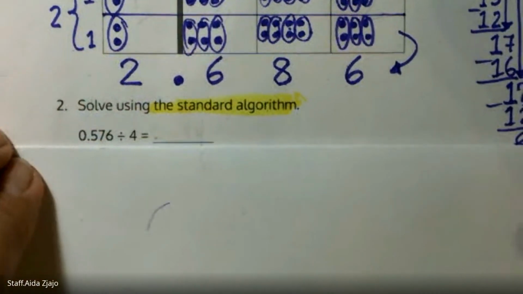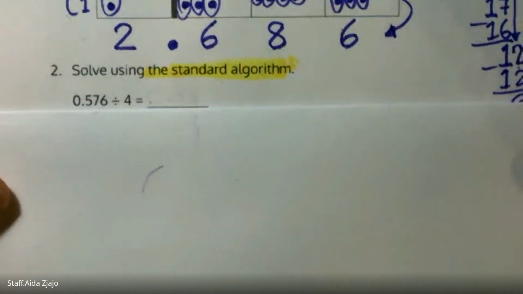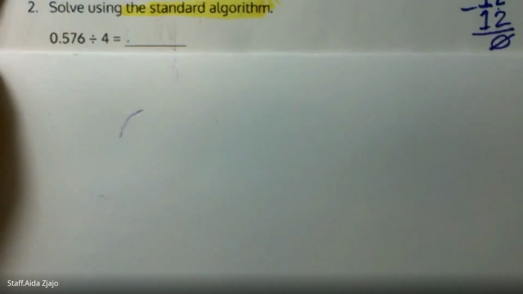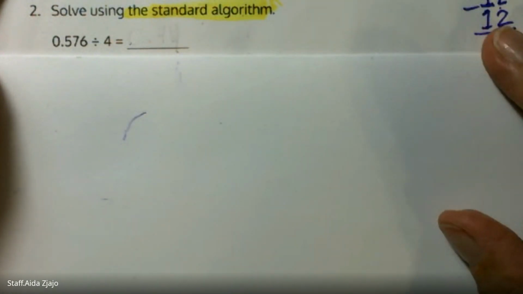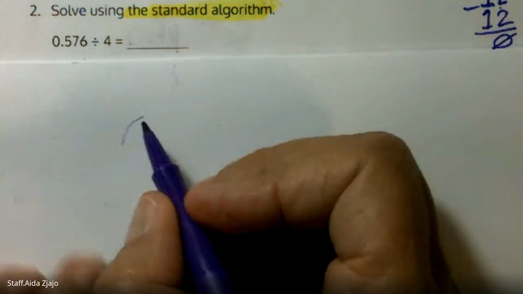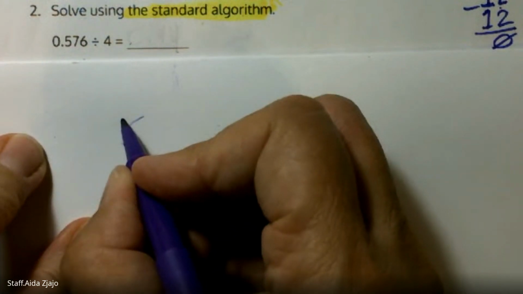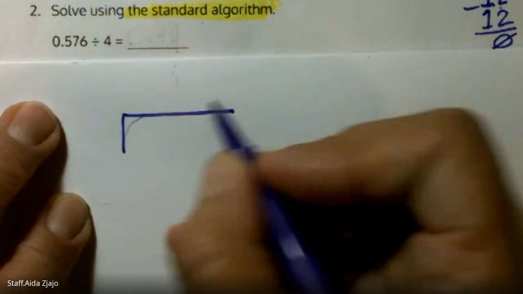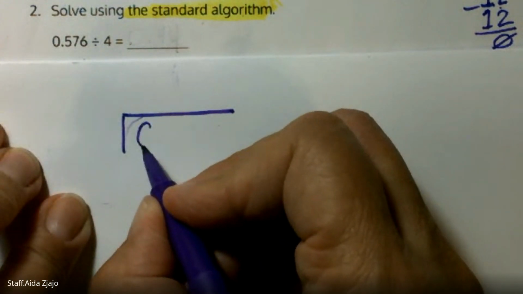Okay, so I'm going to use this paper so it's more clear. Our problem says solve using standard algorithm. So if I have a problem, I'm going to make the bridge, and I like to use bigger numbers.